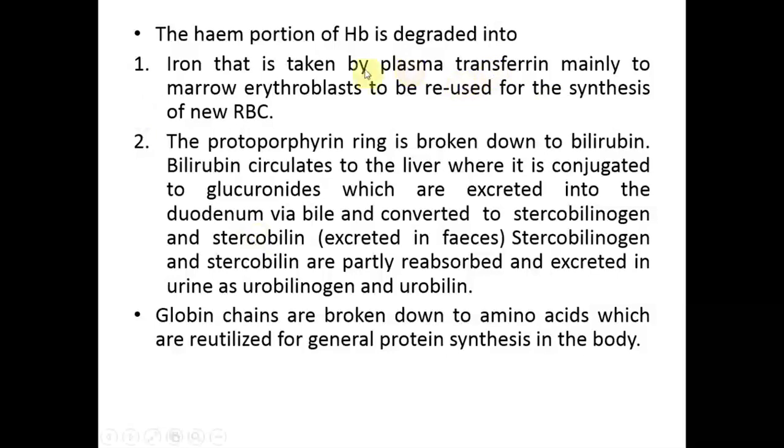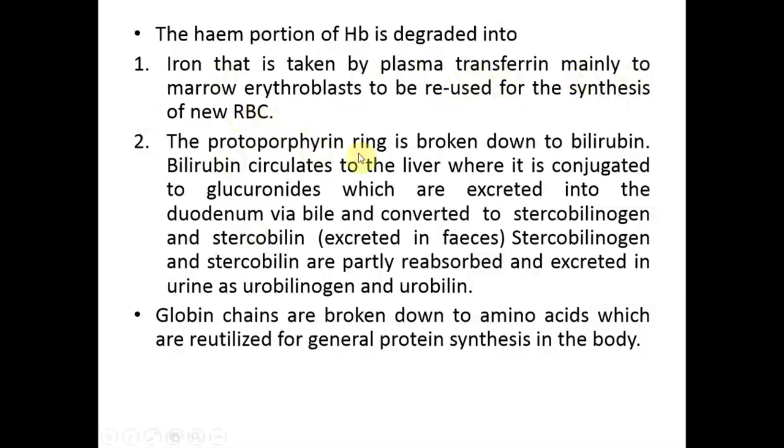It takes the iron from those destroyed red blood cells, mainly to the marrow, to the erythroblast, to be reused for the synthesis of new hemoglobin and new red blood cells.